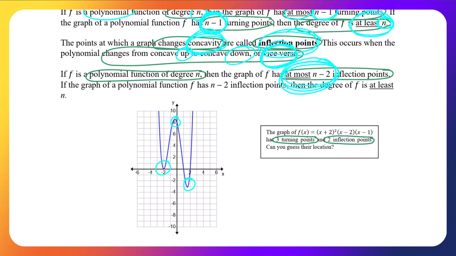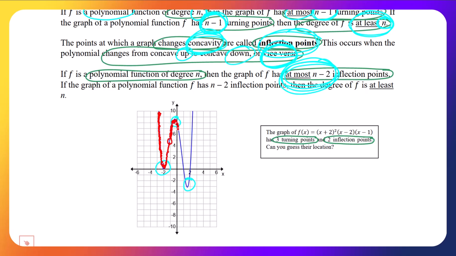An inflection point's a little harder to see, but let me see if this will help. Let's say you're driving along on this graph, and you're making slight left turns to stay on the graph, aren't you? Then you make a sharp left turn here, and you're turning left, but at some point, around here someplace, you start turning right.